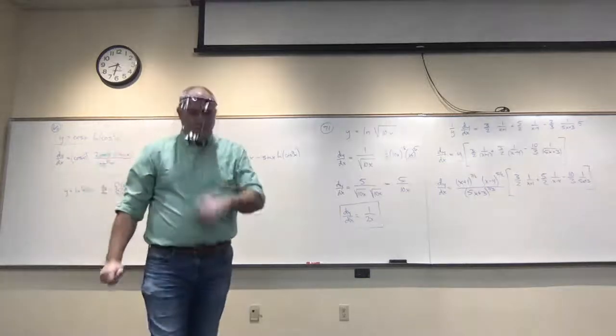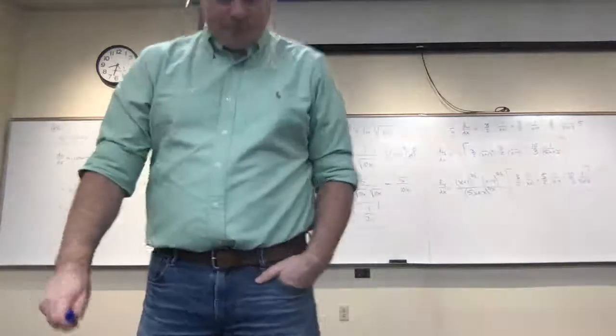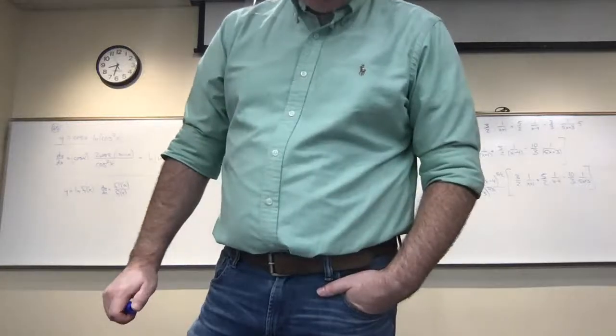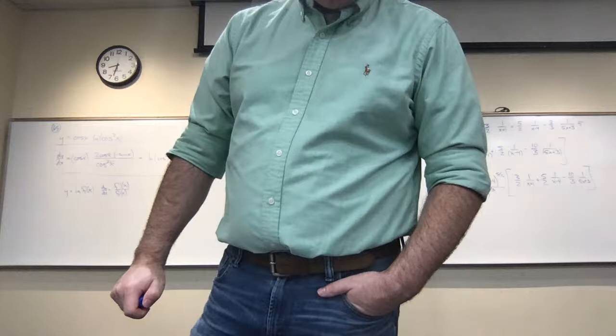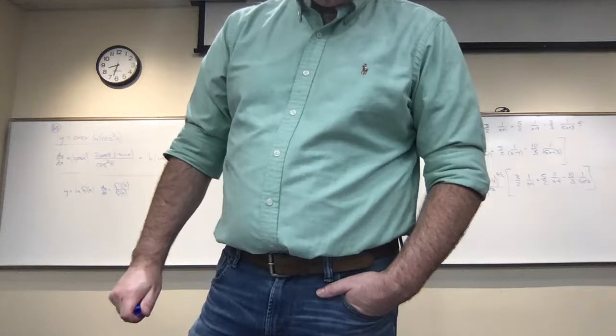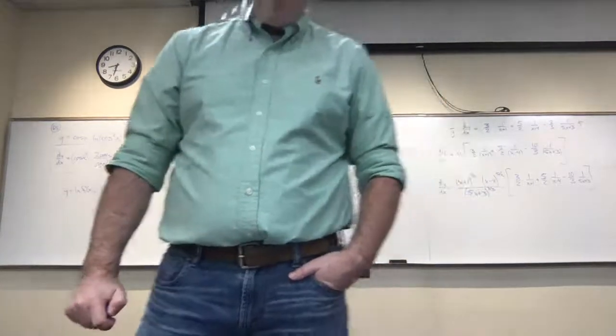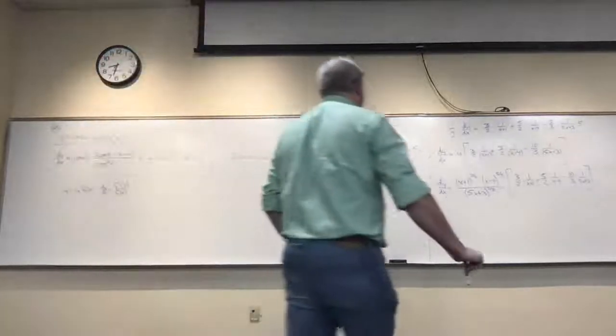69. Okay, I have ln of 3x plus 1 to the 4th. We have y equals, or f of x equals, ln of 3x plus 1 to the 4th.